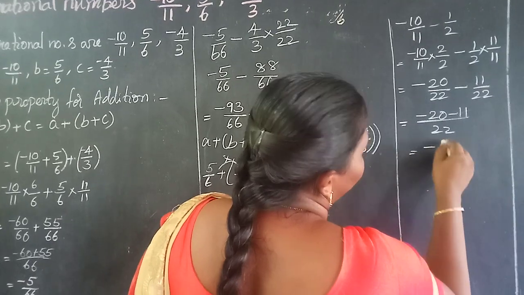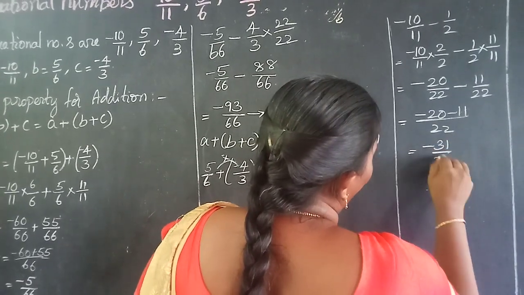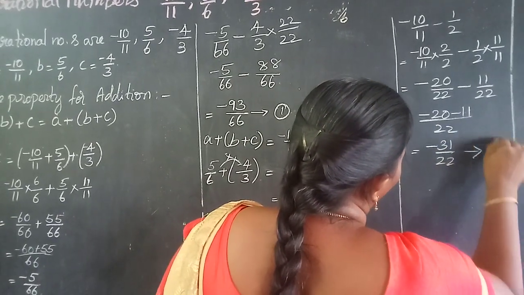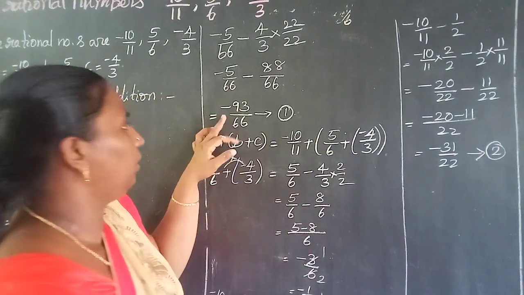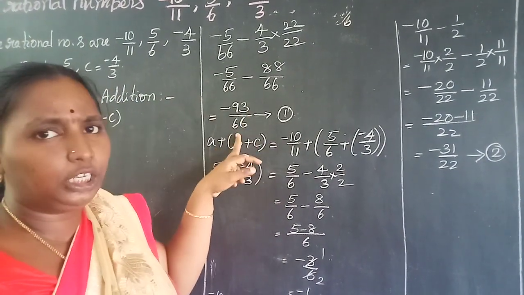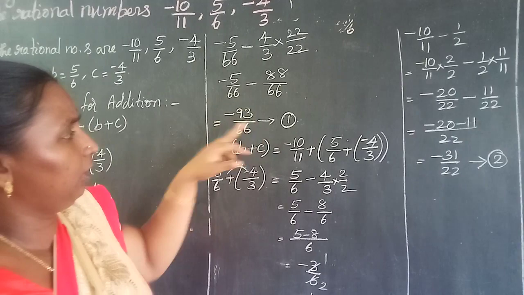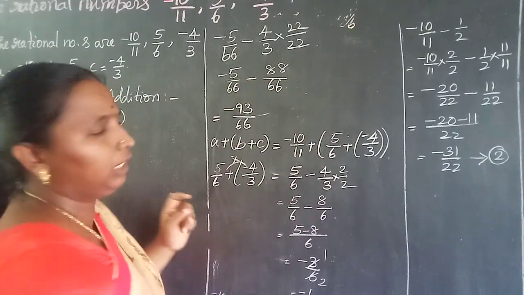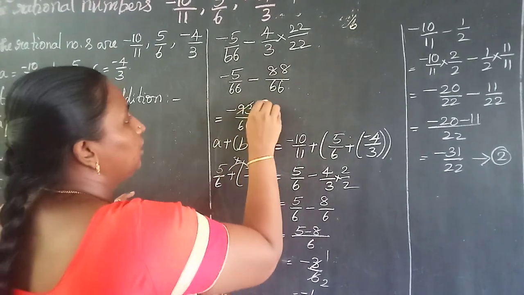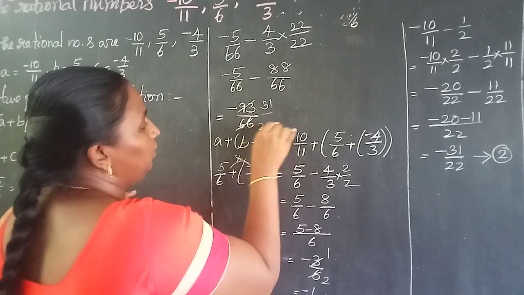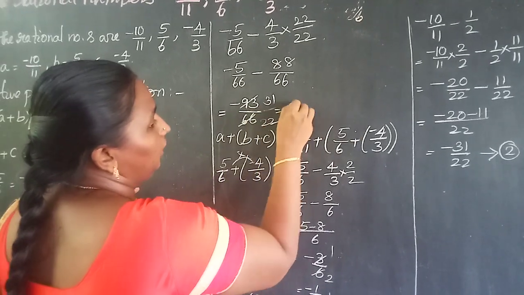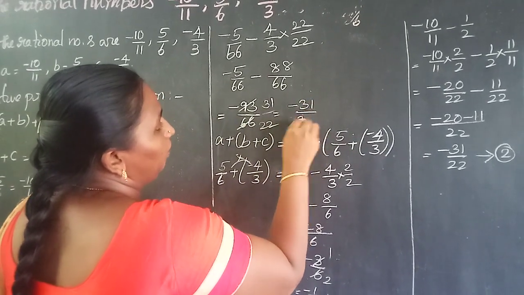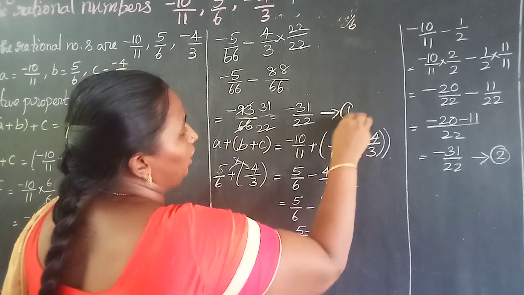So you get minus 31 by 22. Take it as equation number 2. Here you got minus 93 by 66 in equation 1. It is possible to cancel by 3: 3 thirds are 93... 3 ones are 3, 3 twos are 6. So what will you get? Minus 31 by 22.